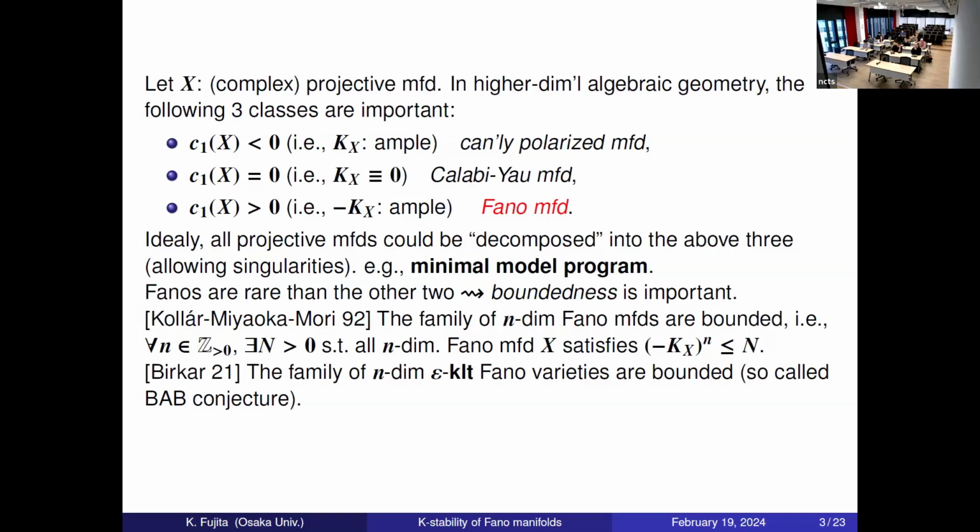But I should remark that Kollár and Miyaoka-Mori's effective bound is far from optimal, I think. They gave an effective bound like n to the nth power of n. And recently, Birkar showed that the family of n-dimensional epsilon-KLT Fano varieties is bounded, previously the so-called BAB conjecture.